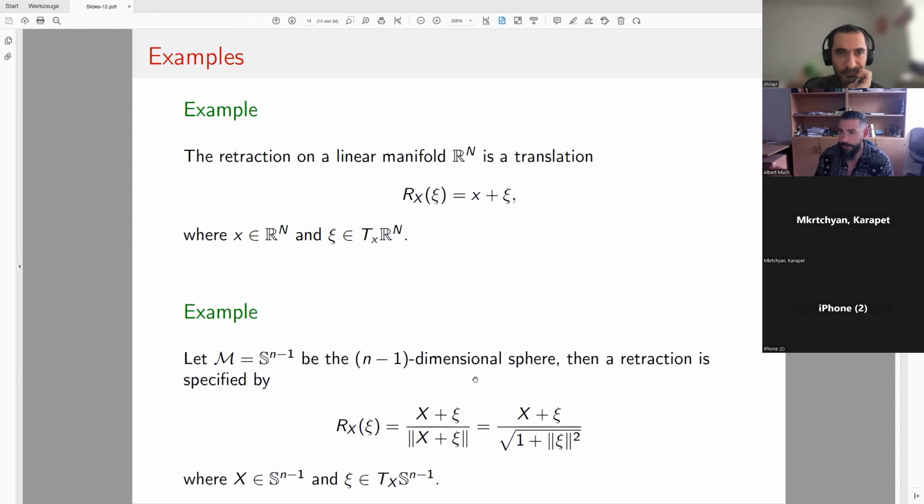And now again, examples. The retraction on a linear manifold is just a translation. And this is basically exactly what I want to generalize to the curved setting, right? In order to move on the manifold. An example of a non-trivial retraction on the (n-1)-dimensional sphere is given by this expression. This is not the geodesic map on the sphere, but as you see, if you take the norm, the norm of this will be 1.